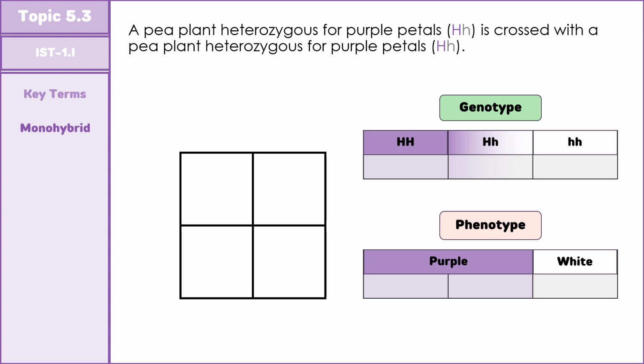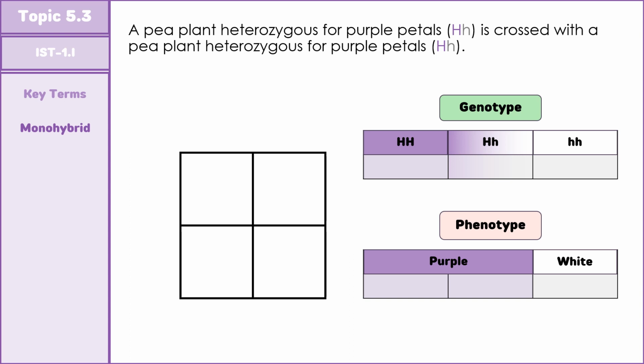Our dominant here is represented with a capital letter, whereas our recessive is represented with a lowercase letter. Now we've crossed this heterozygous pea plant with another heterozygous pea plant. So both of them express purple petals, but do have that recessive character still in their genotype.